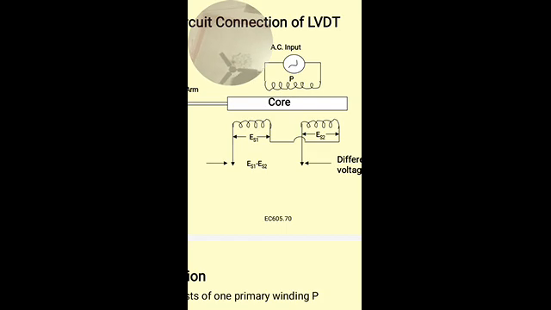Therefore Vs1 is greater than Vs2, and hence the output voltage is Es1 minus Es2.